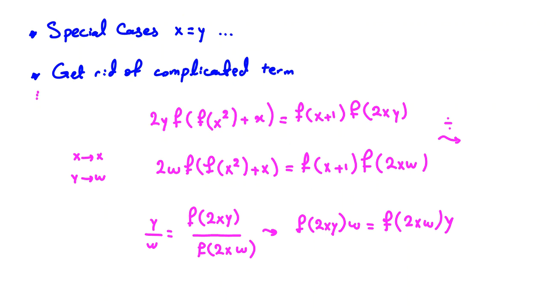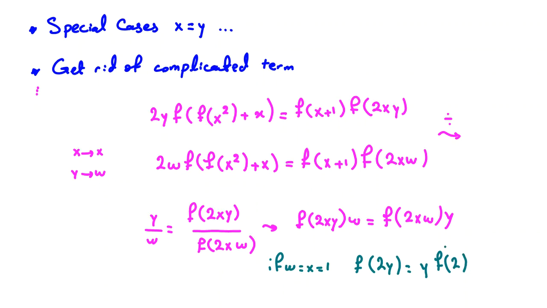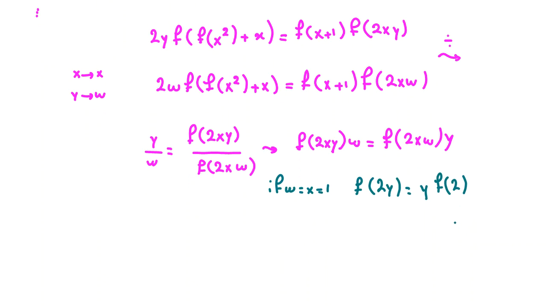And now, if we consider w equal to x equal to 1, because it is correct for all x, y, w that are positive integers, so wx equal to 1. So here it will be f of (2y) equals y times f of 2. Okay? So here I consider f of 2 equal to c.